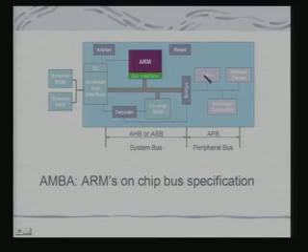You have a timer, interrupt controllers and other devices which should be lying on the peripheral bus. And what is important, this AMBA is basically an on-chip bus specification. Your PCI 104 or 104 plus were not really on-chip bus specifications, but actually external to the chip, PCB based bus specifications.